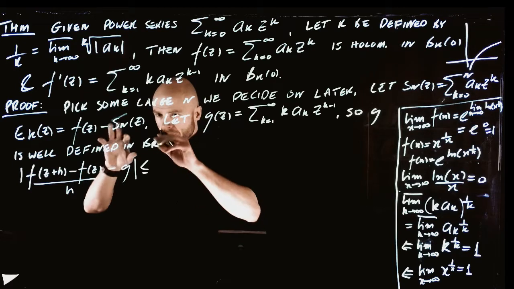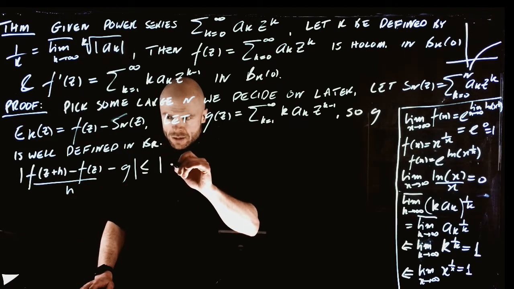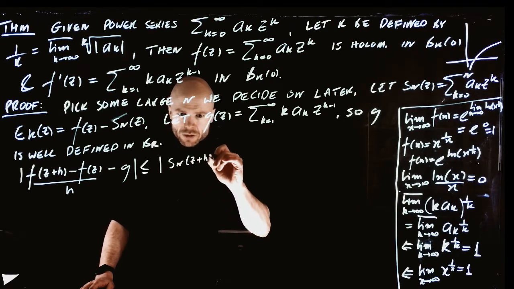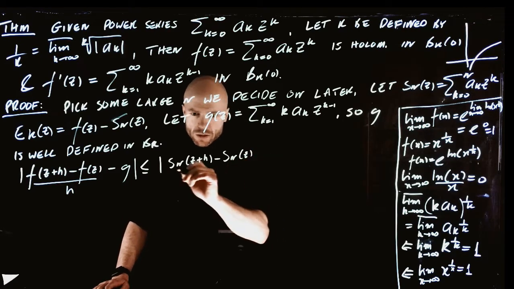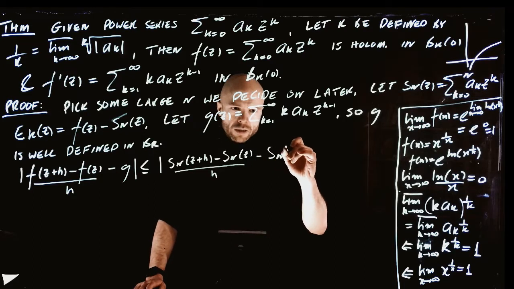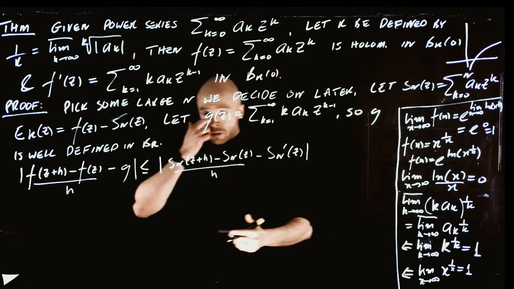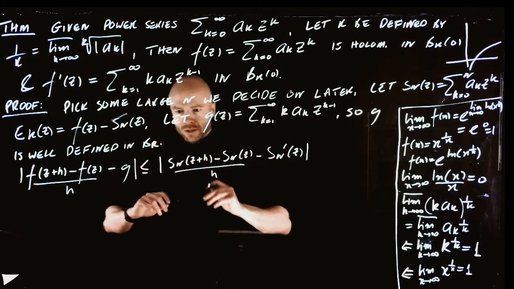Okay, this is what we're going to do. We write that this is less than the absolute value of Sn of z plus h minus Sn of z, over h, minus Sn prime of z. Sn is just a polynomial, so for some fixed n, for small enough h, we can make this thing small.